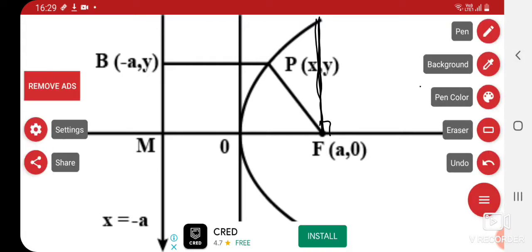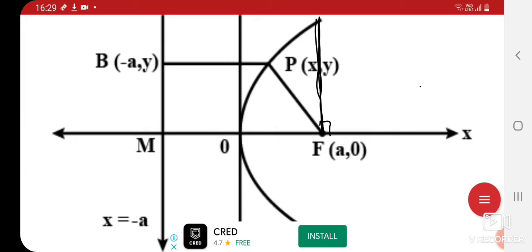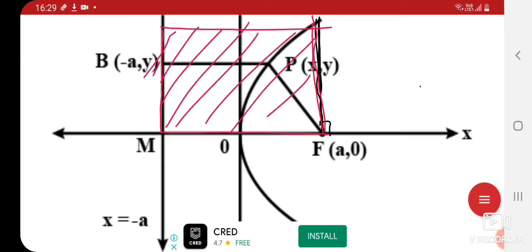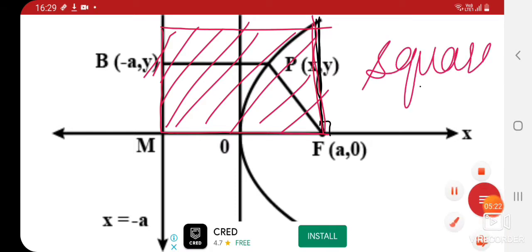Now, you know that if this distance is equal to this distance, and this distance will of course be equal to this and this, that means the shape you obtain by this is a square. Is that right?